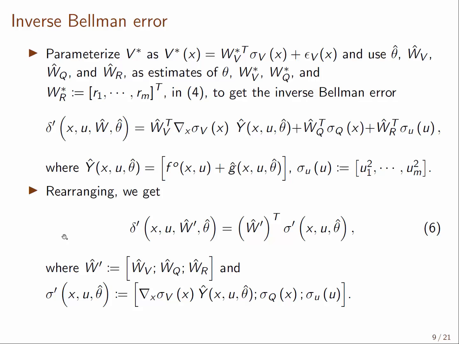And rearranging, we get the expression in 6, where this delta primed, which we're going to call the inverse Bellman error, is just some weights multiplied by some basis functions. The key point here is that these basis functions depend on theta hat, which is our estimate of the uncertain part of the system dynamics.